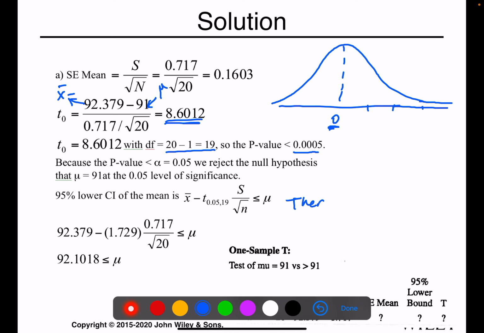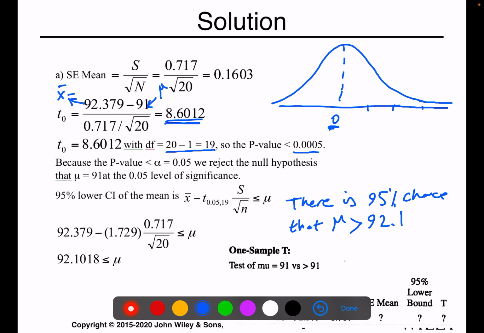So this means that there is a 95% chance that mu is actually more than 92.1.